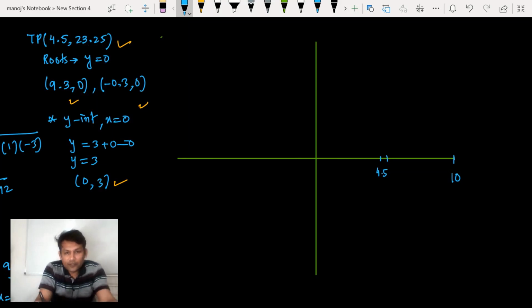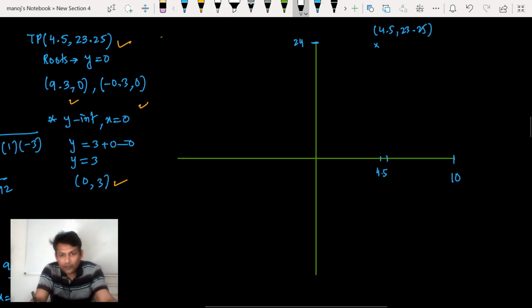Okay, this I can suppose 24, so 23 will be a little bit down. So this is the first coordinate, that's the turning point, and you have to write here 4.5 comma 23.25, the lengthy calculation. And please, I told you, when you draw this, when you put the turning point, always draw what?